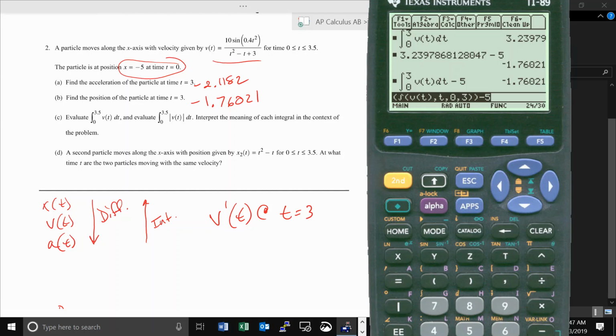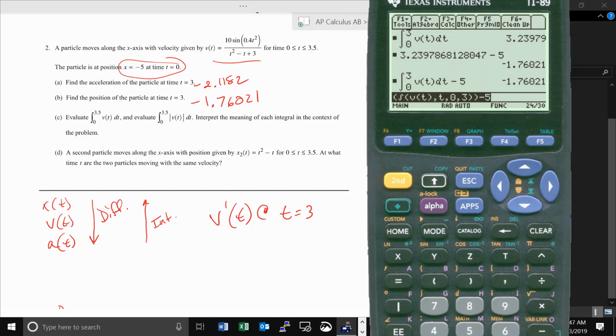V is what? V is velocity of that object. When you get stuck, and you're lost, and you don't understand what they're saying, graph it. Get a picture of it. So I'm going to graph it and see what this even means.